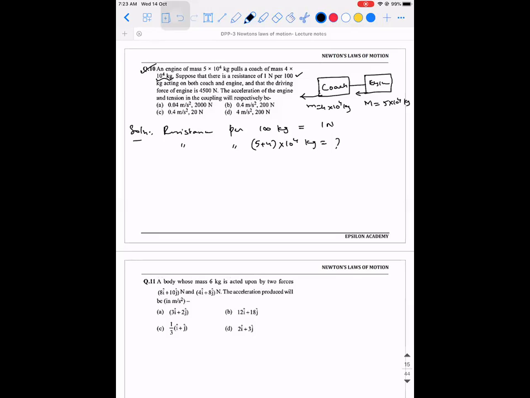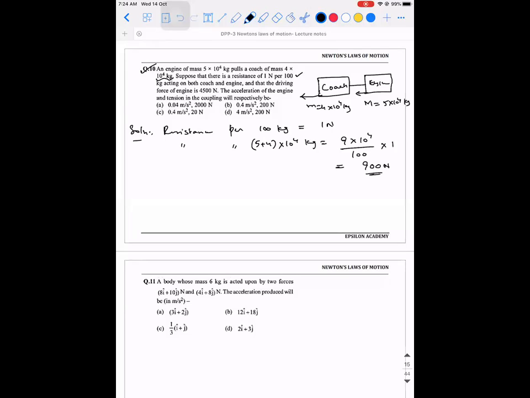Is there anyone who is not clear with what I explained? So this should be 9 into 10 power 4 divided by 100 into 1. So it will be 900 Newton. Accepted? Yes, sir. So the total resistance experienced by the engine and the coach put together is going to be 900 Newton. Now the question becomes simple.